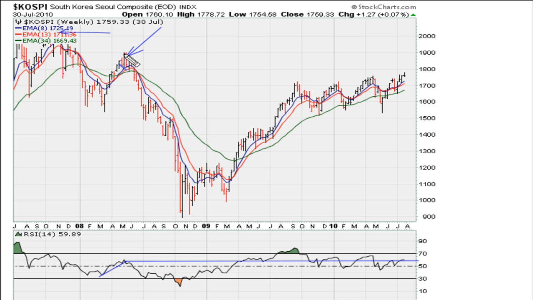Because this was a secondary high, this is not the most important line. The most important line is the one that connects to the high. So the importance of the line is based on the importance of the sell signal. And this sell signal was here, off the highs in 2007. So that's the break. And so this same chart has another sell signal, which is here.